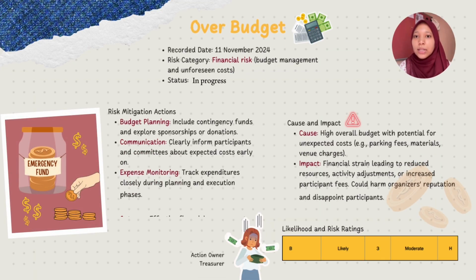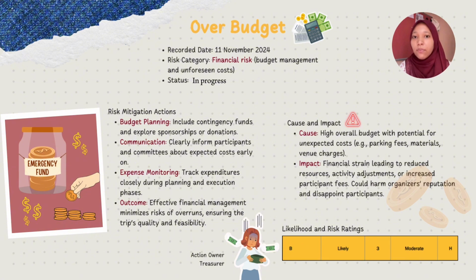Moving on to another critical risk we have addressed, which is the financial strain due to budget overruns. Field trips require careful financial planning to cover expenses like transportation, meals, and safety measures. Unexpected costs such as parking fees or additional supplies could strain our budget and affect the overall quality of the trip.